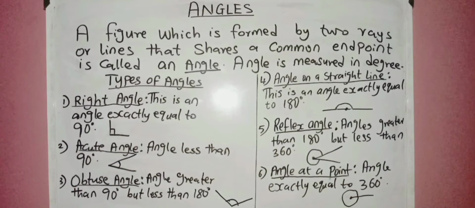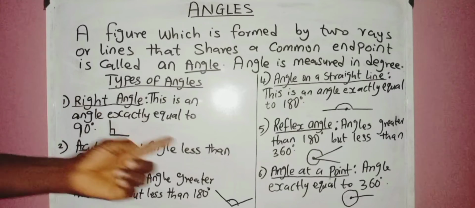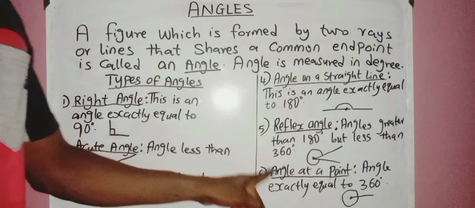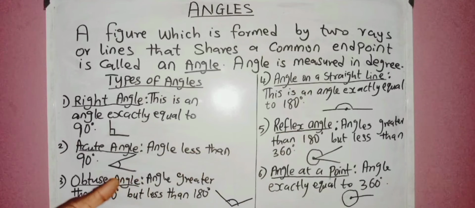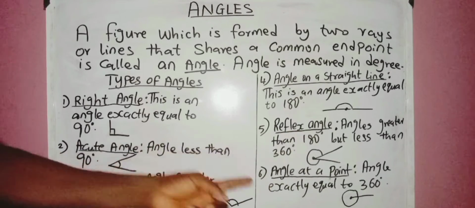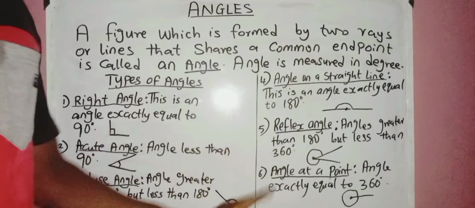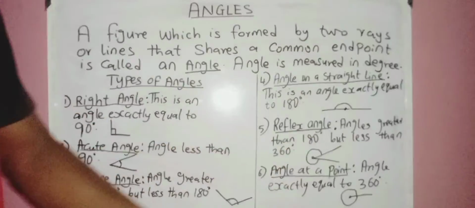Examples of reflex angles include 181 degrees. Why? Because 181 degrees is greater than 180 but less than 360. 200 degrees is a reflex angle because it's greater than 180 but less than what? 360. 270 degrees is a reflex angle because it is greater than 180 but less than what? 360.